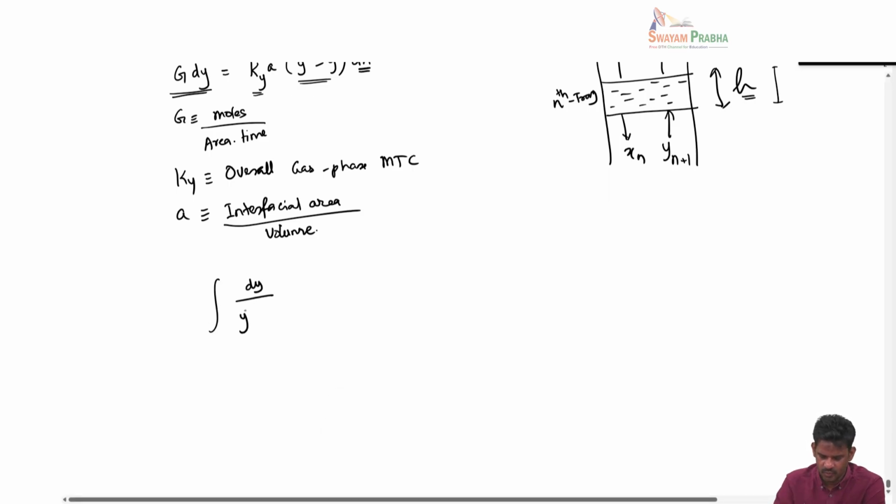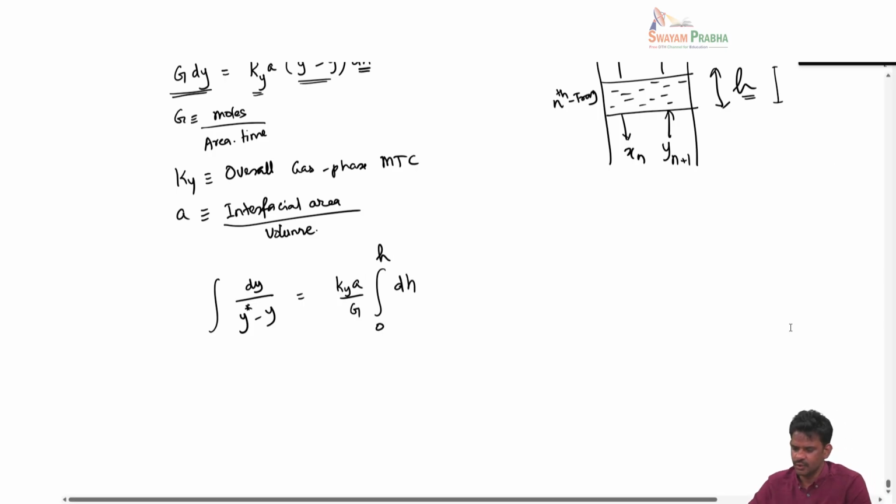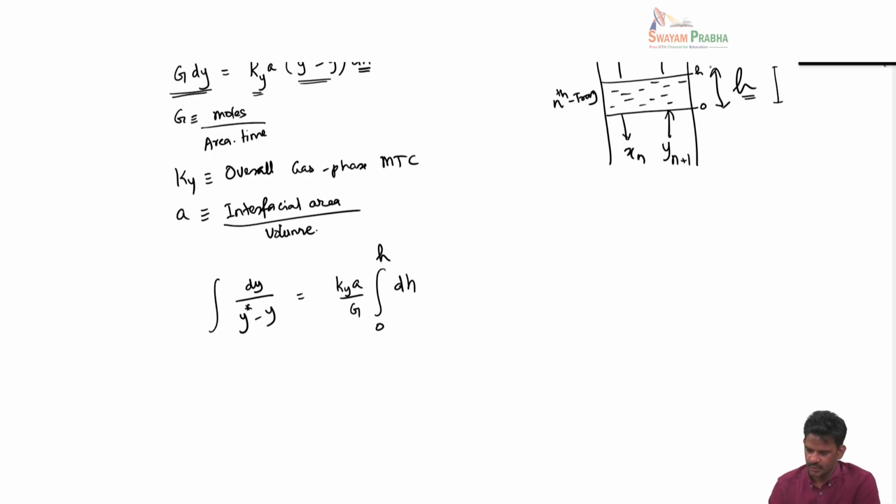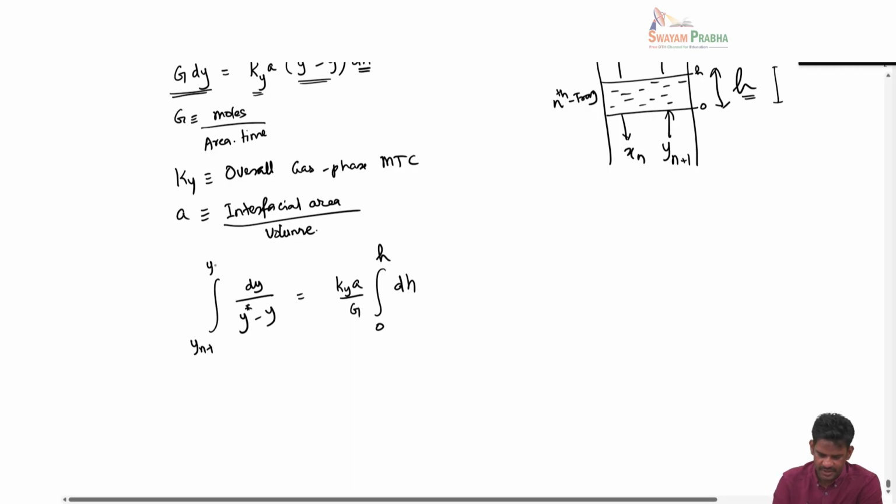dy by (y star minus y) is equal to Ky a by G dH, and this integral is from 0 to H. Here it is 0 and here the height is H, because I am doing this only for one single stage. This is a per stage calculation. When H equals 0, y is yn plus 1, and when it is H, it is yn.